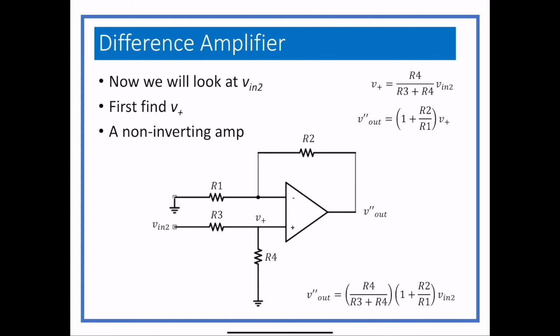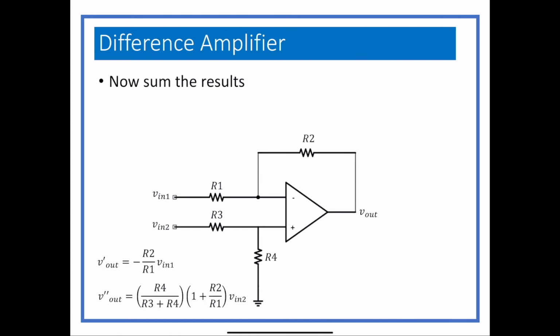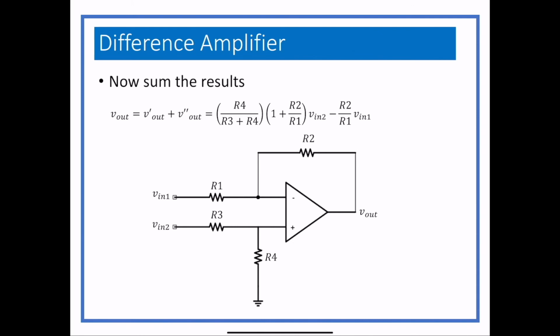And to find the total, all we're going to do is put them together. If we sum the results of V plus and V minus, we just get this kind of long equation.